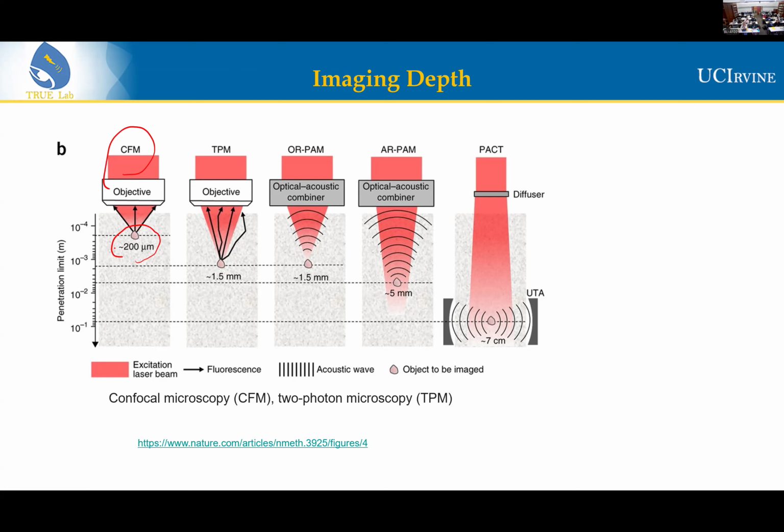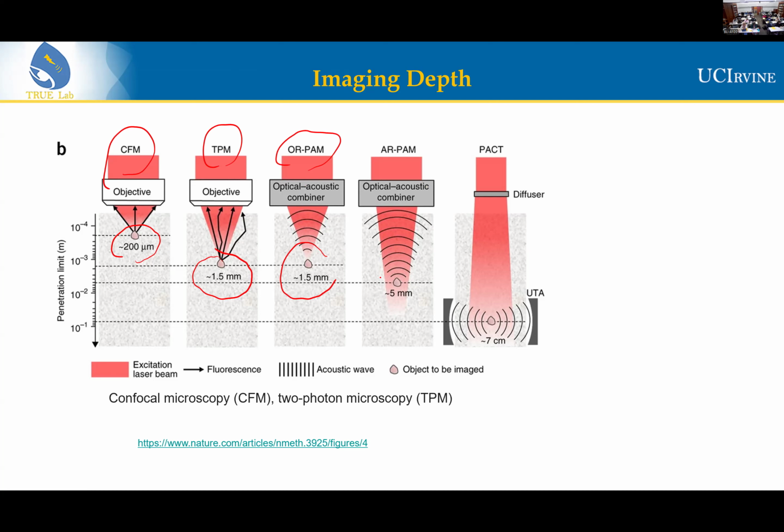But of course, it's very important in petri dish studies and some shallow imaging, but it's roughly 200 micron. Two-photon microscopy can achieve roughly 1.5 millimeters. And our optical resolution photoacoustic microscopy has similar penetration depth, and similar resolution as well.